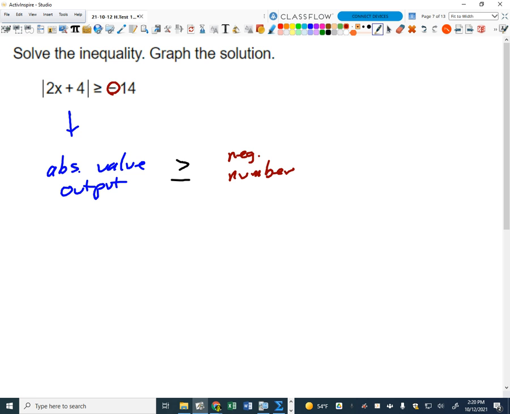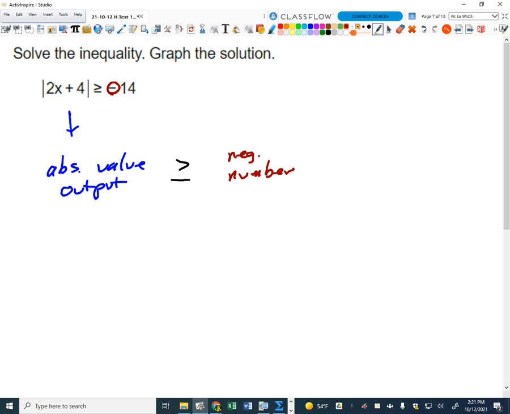If it had been an equation, the answer would have been no solution, right? Because the output can never equal a negative number. But that's not what's being asked. What's being asked is, when is the output of the absolute value greater than or equal to a negative number? How often is that true? Always, isn't it? Agreed?